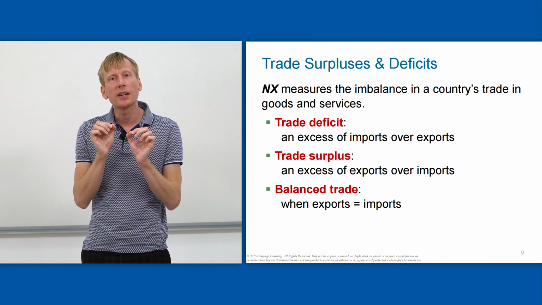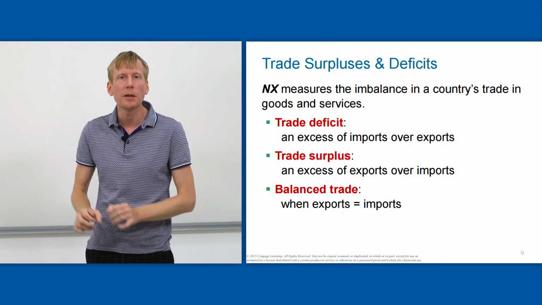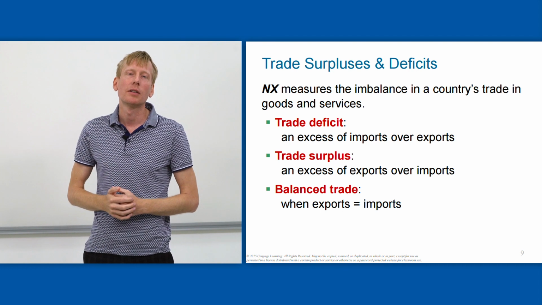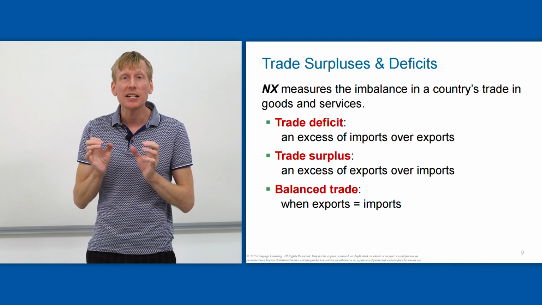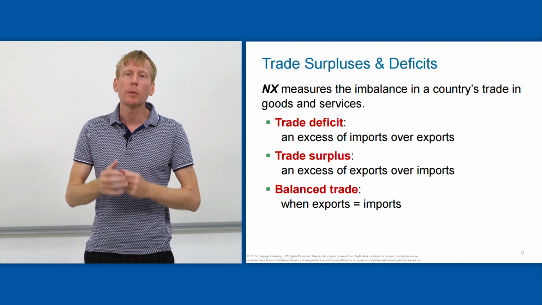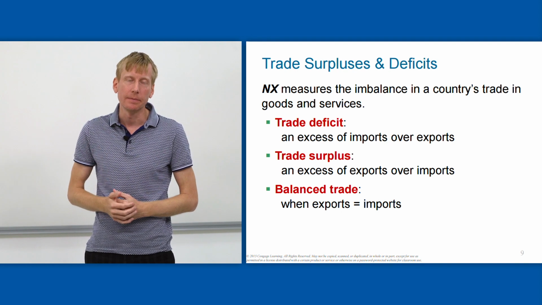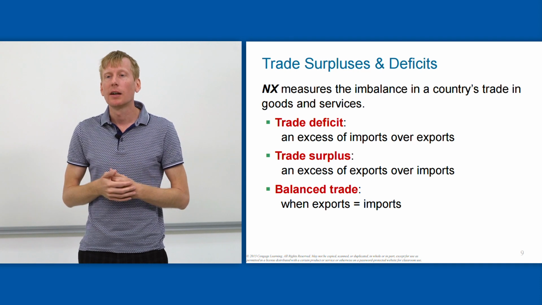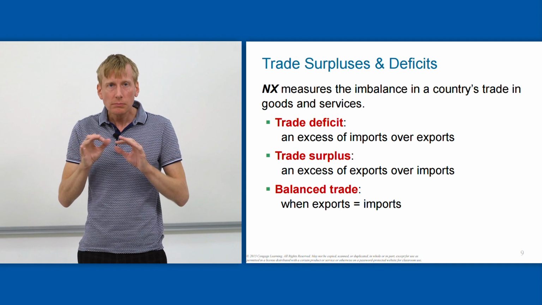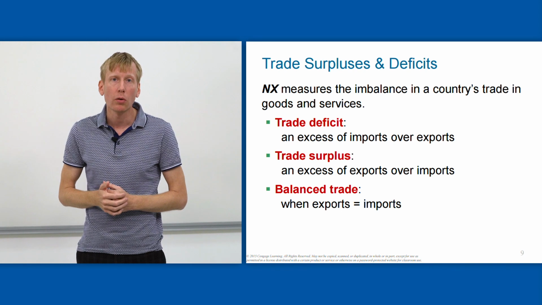Now, that specific case, when the value of exports might be exactly equal to the value of imports, so the trade balance was zero, net exports was zero, that's what we call balanced trade. And many of our models use this as a simplifying assumption, since net exports must be zero for the entire world.